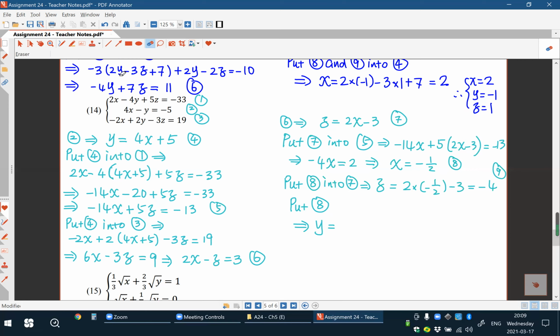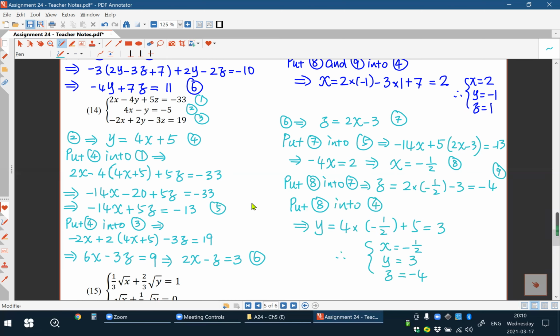All you need to do is plug number 8 back into number 4, which you will get y equals 4 times x, x is minus 1/2, plus 5. This will give you y is actually 3, right? Okay, so final conclusion. X is minus 1/2, y is 3, and z is minus 4. This is our final solution.